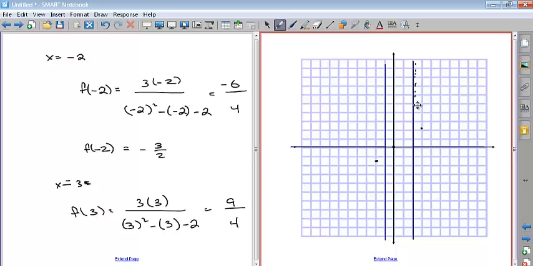So it comes down here, goes through this point, and loops around, approaching the x-axis. Now because this goes up and there's only a single root there, it's going to come from the opposite direction. So it'll come up here, and then, okay, we didn't need to plot the y-intercept because that is there.